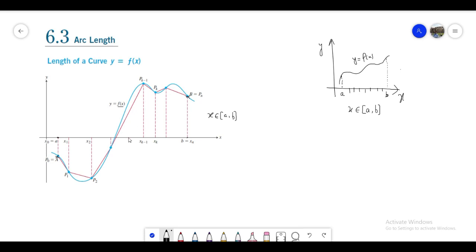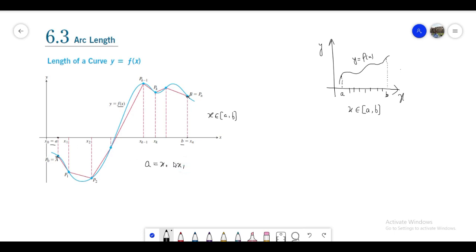Now, like we did in the previous lectures when finding the volume of solids, from A to B, these are the initial and final points. Let A be the initial point x naught, and the next point x1.